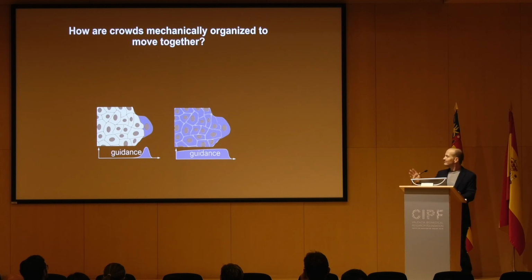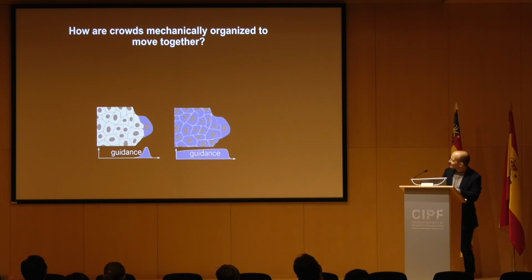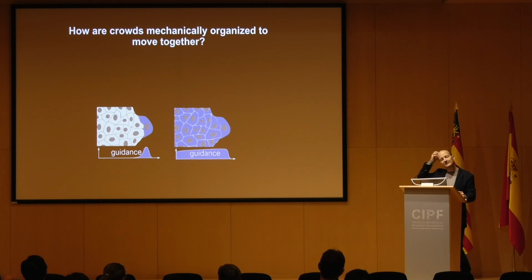And there are essentially two big schools of thought here. One of them is those who think that migration is essentially organized in a way that there is one leader that is exerting all the guidance in the system, and then there are passive followers that will just follow this leader. And then there's another school of thought that thinks that the system is somewhat self-organized, so that every cell is in a way contributing to guidance.